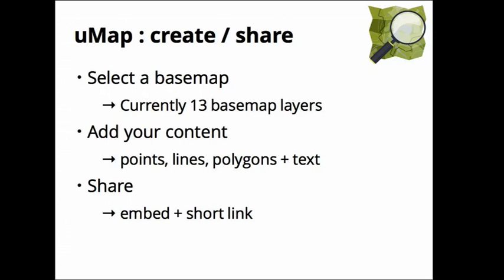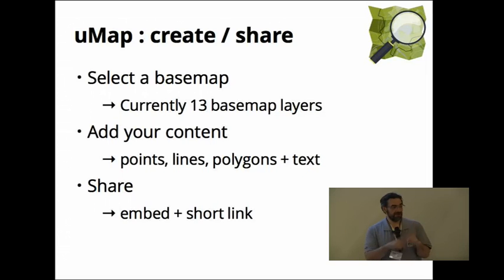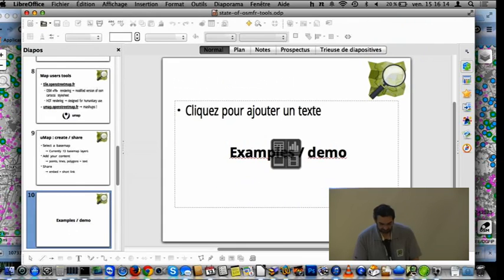You can select a base map. You can add your own content. And then you can share. You can embed the map in your website. You can share short links and things like that. The data you create can be downloaded too. So all this is something very easy to do.